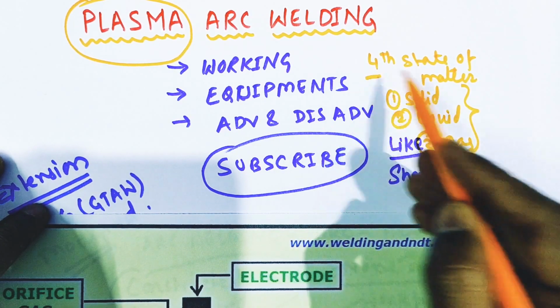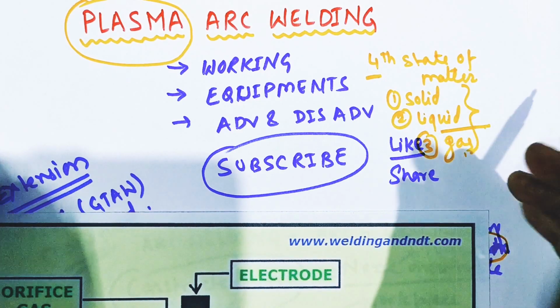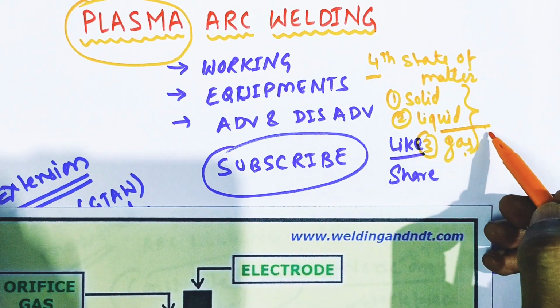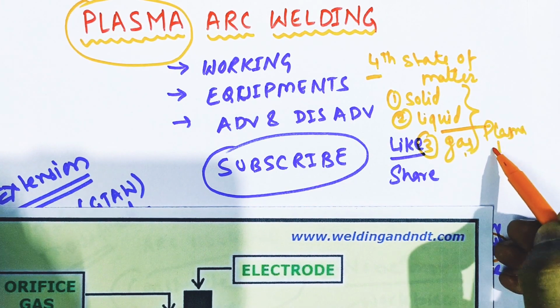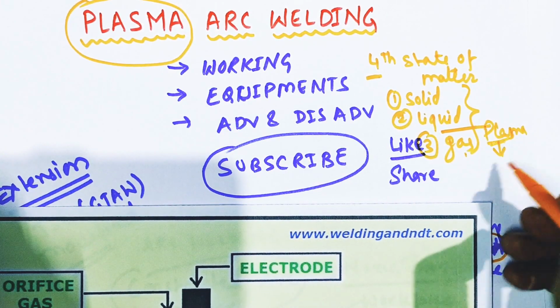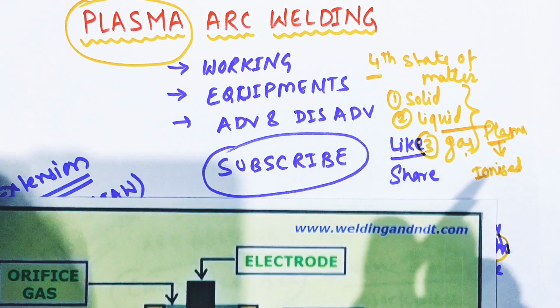But plasma is the fourth state, and it exists somewhere between liquid and gas. Plasma is nothing but ionized gas. Ionized gases are known as plasma.